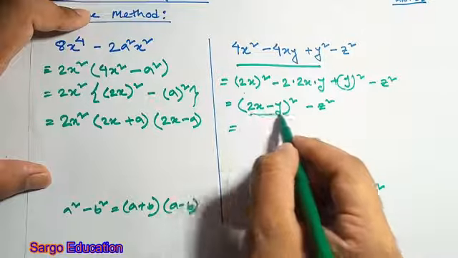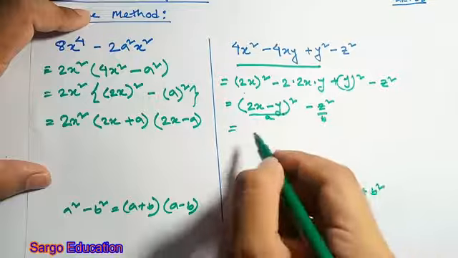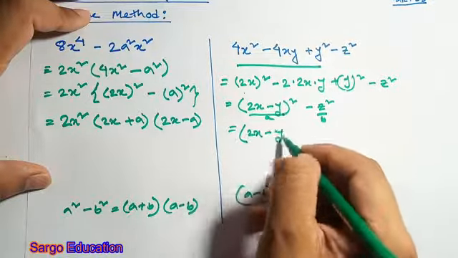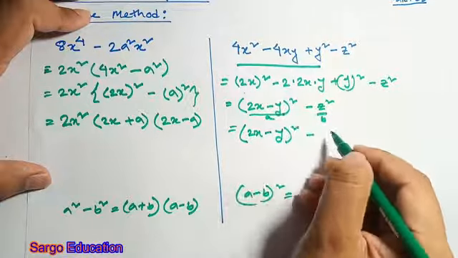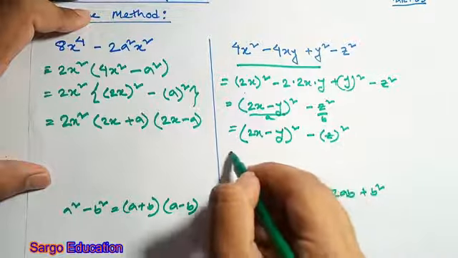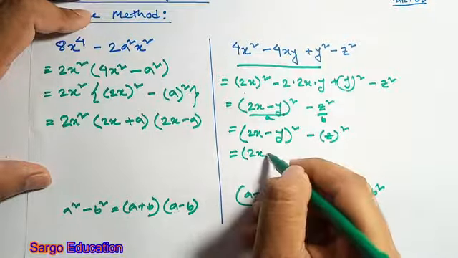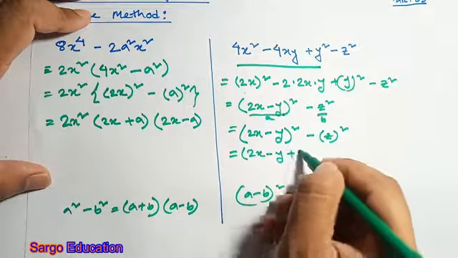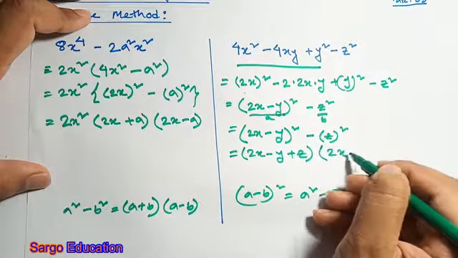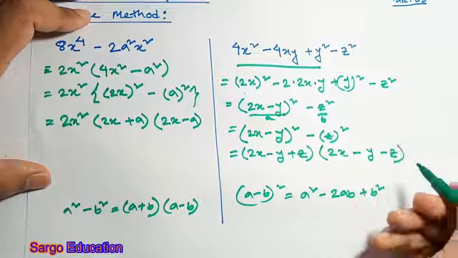If we rewrite this term as a and this as b, we can write (2x minus y) whole square minus z square. Then the formula gives (2x minus y plus z) and (2x minus y minus z).